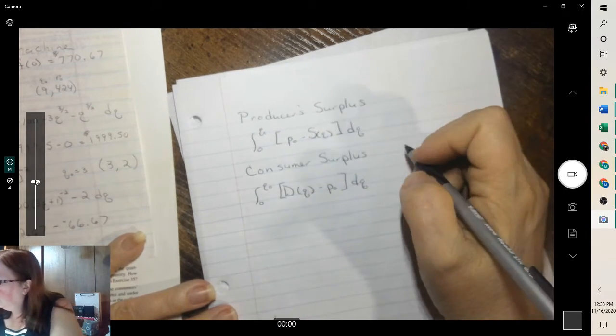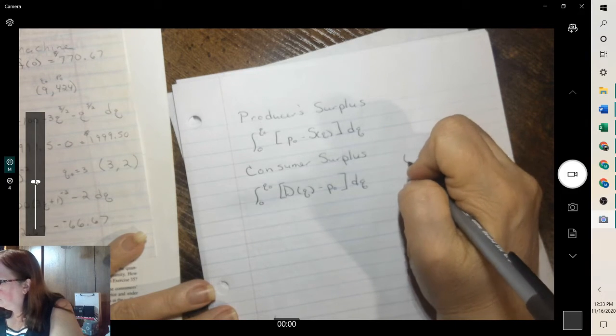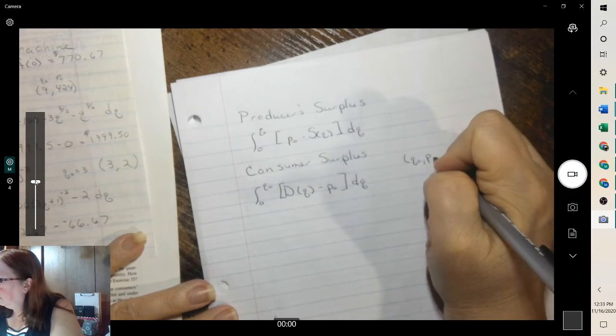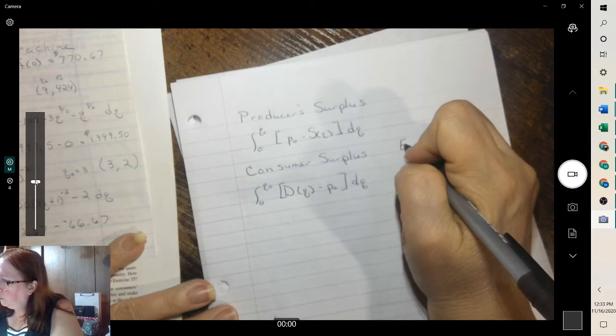And the Q and P, that's the equilibrium point.